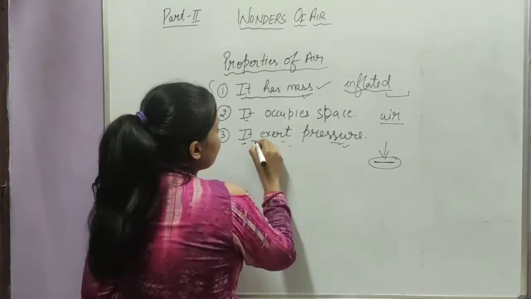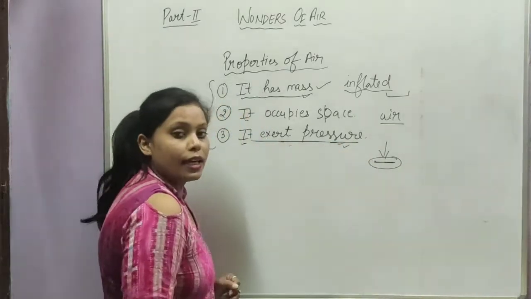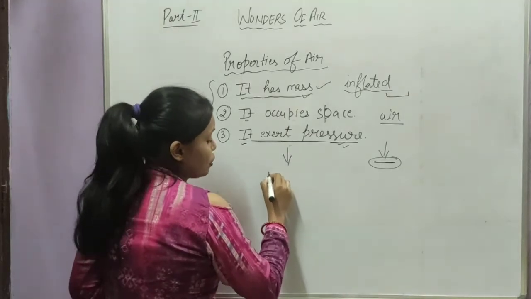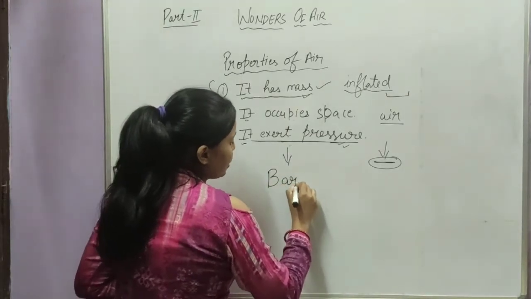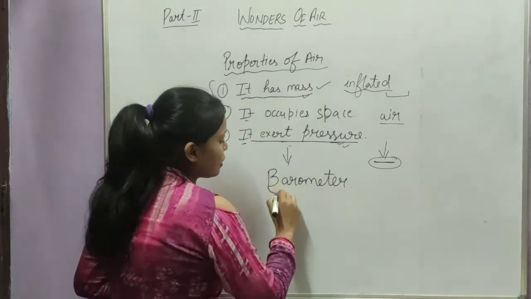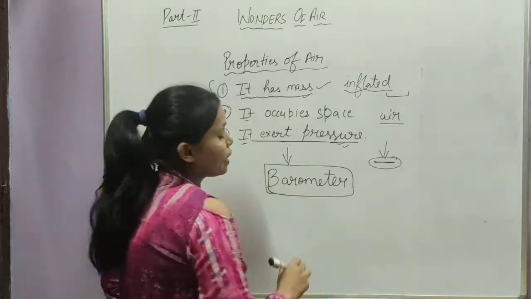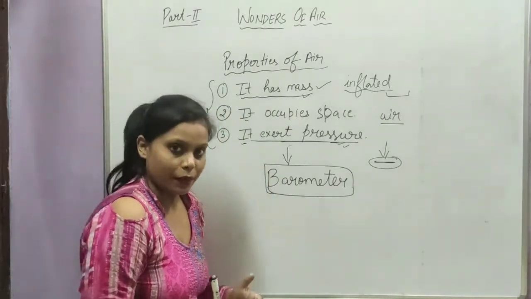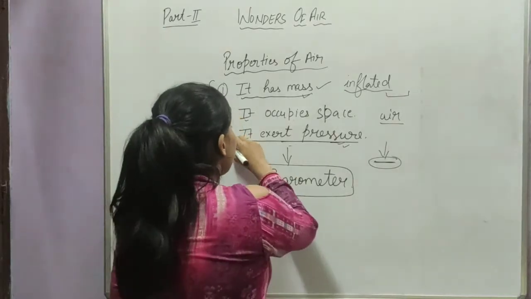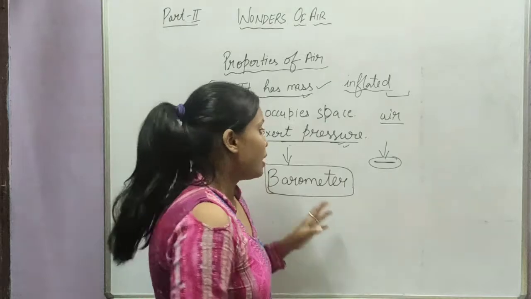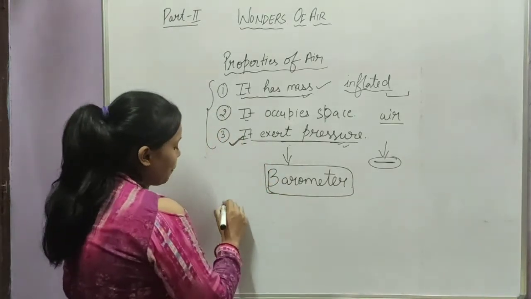Now, air pressure is measured by an instrument called a barometer. A barometer is the instrument through which air pressure is measured, right? Air pressure has some uses, like filling a pichkari.